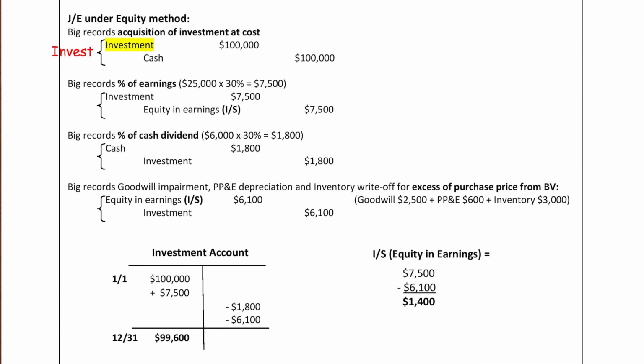When Small earns $25,000 during the year, Big records earnings of 30% of that, which is $7,500. That earning leads to an increase in Big's investment by $7,500. The credit of that journal entry is equity in earnings. Basically, this income is recorded on the income statement.